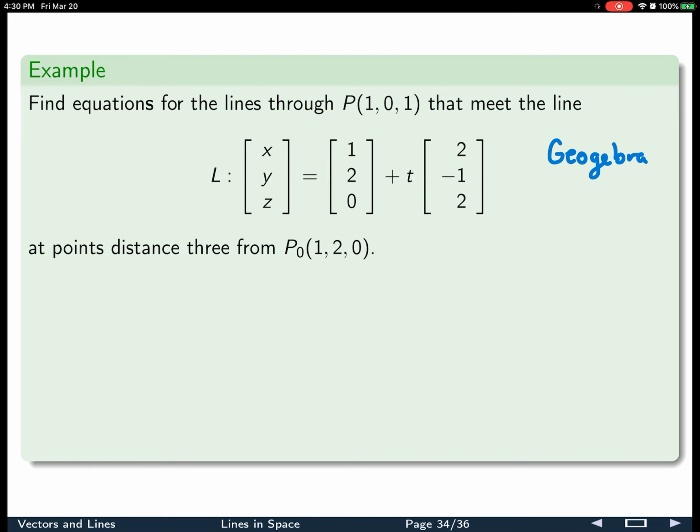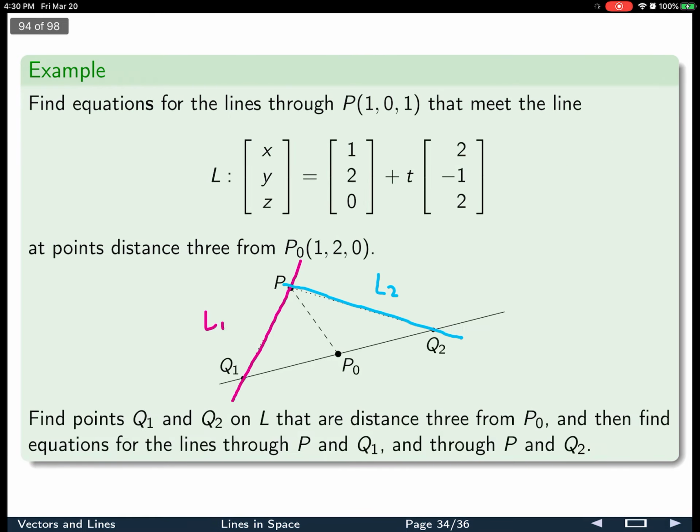So we've got this line, and let me get you a little bit of a diagram here. We've got this line that goes to the point P0. What we're trying to do is create 2 new lines through 2 new points. Q1 and Q2 are the 2 new points that are 3 units away from P0.